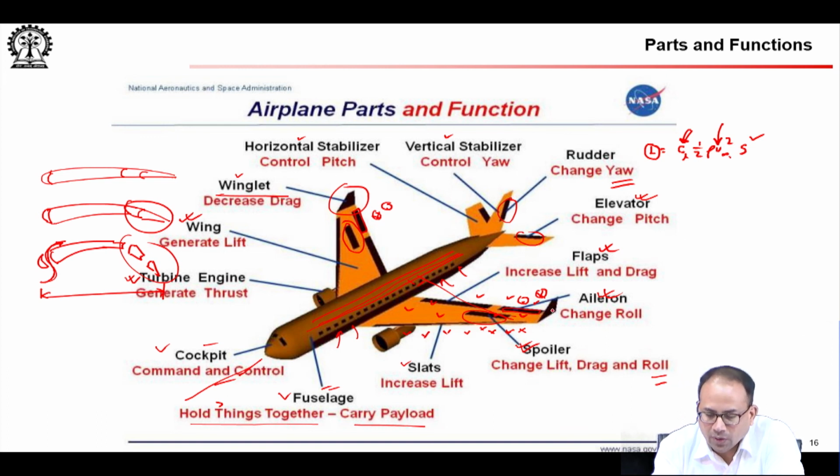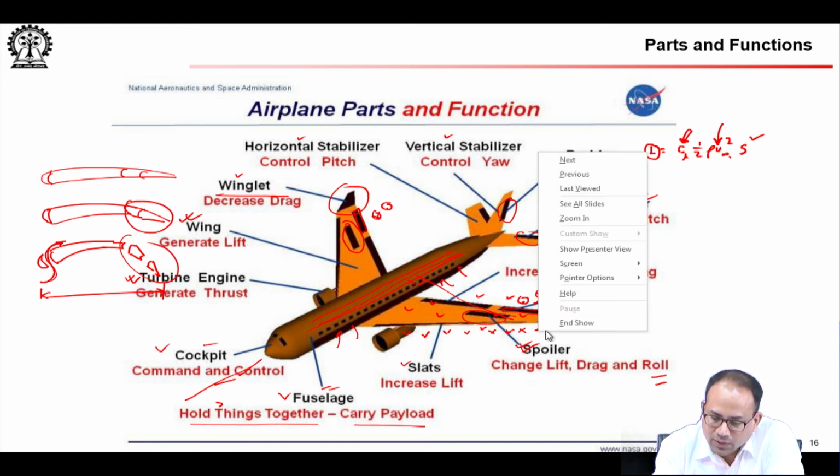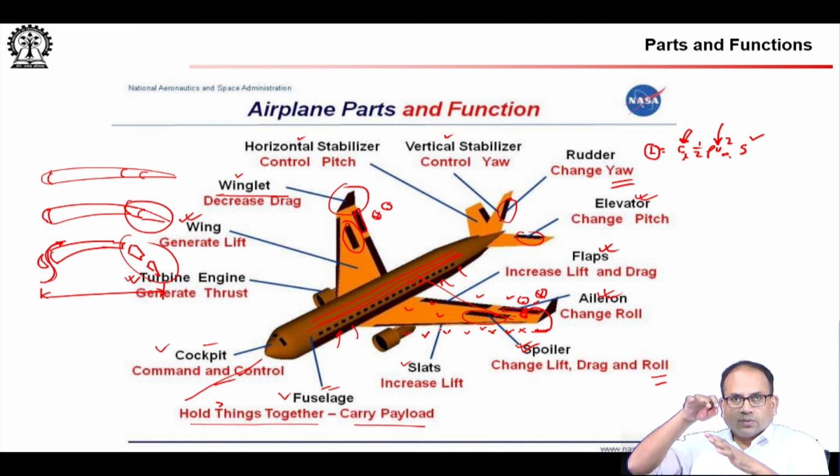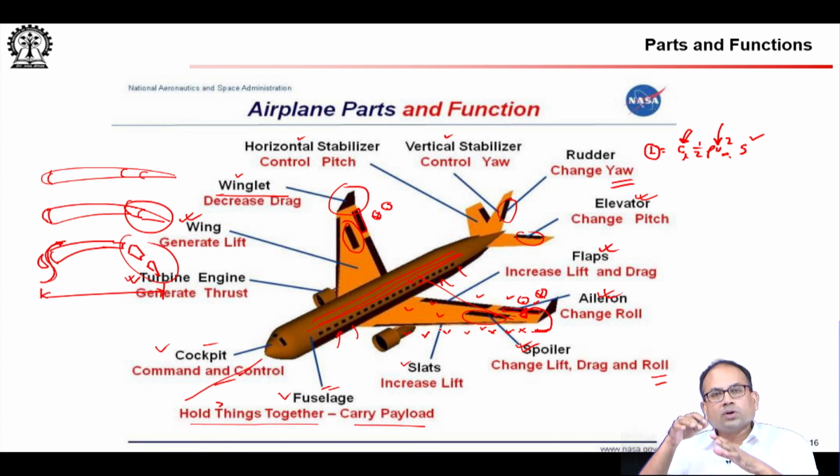So, if you do not have this winglet, you have no resistance or hindrance to the movement of air from the high pressure below the wing to the low pressure above the wing. However, if you put a winglet, it is almost like putting the end of the wind tunnel flush with the wing. So, you are almost carrying it with you.